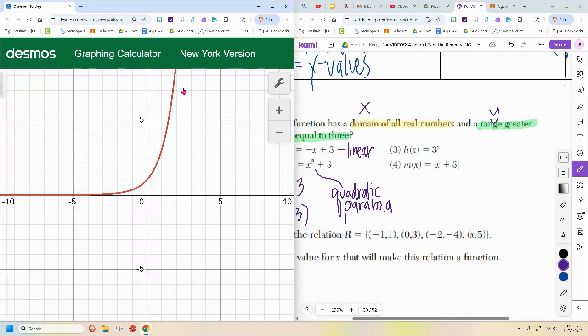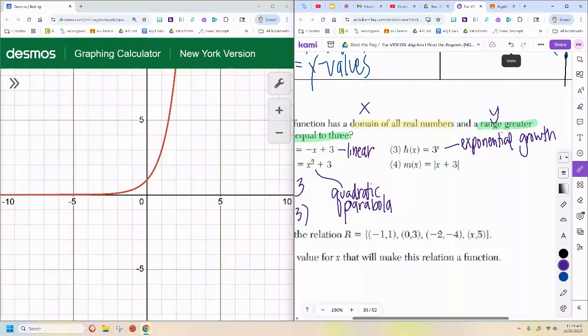This graph starts off real slow and then explodes up. This is what's called exponential growth. This is what we want our money to do when we invest it in stocks and bonds and things. We want it to grow exponentially.